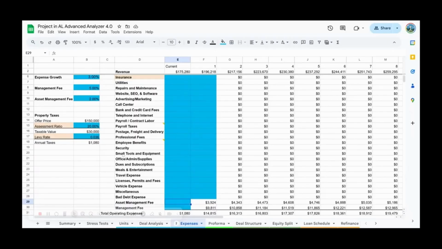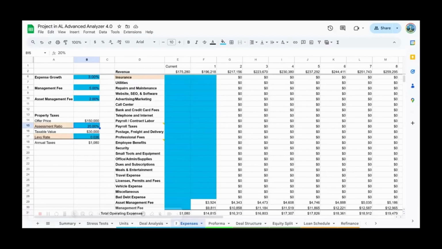So now we want to calculate our property taxes. So you'll need to go to the county treasurer or the assessor's office and get the tax records for the property you're looking at, if possible.